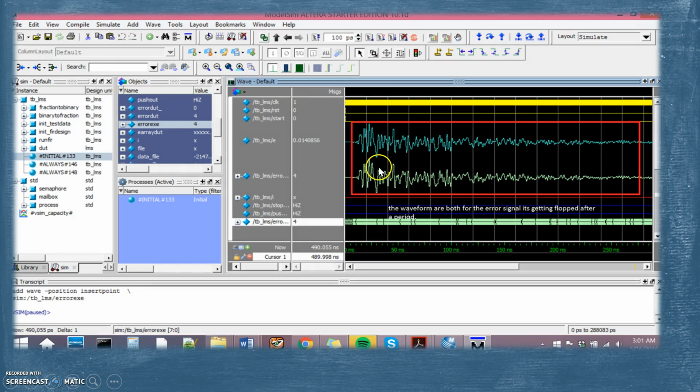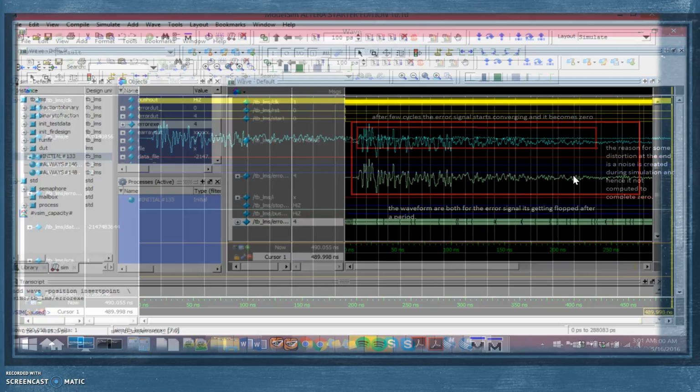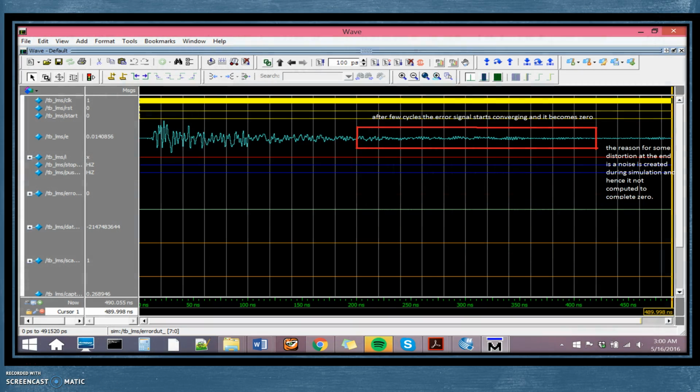The next waveform also shows us how the error signal is generated using two types of waveform. The first was the error which is flopped, and this is the error which we have got. So you can see normally at a certain period of time, everything is getting converged and forming up to zero. The desired output of this design is when your error signal is completely converged into zero.